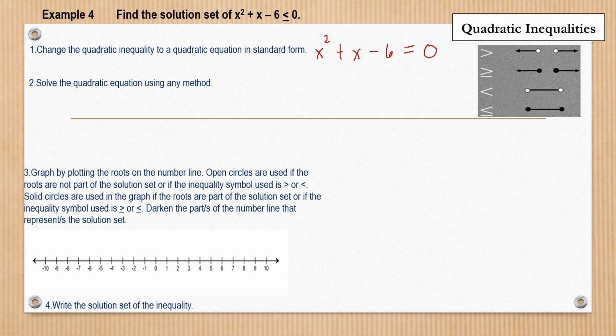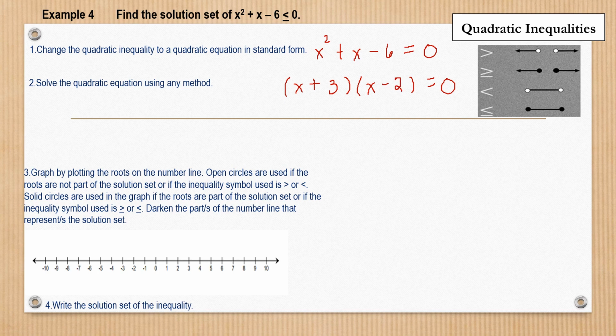Step 2, solve the quadratic equation using any method. Let's use factoring. What are the factors of negative 6 that will give us positive 1 when added or subtracted? That would be positive 3 and negative 2.